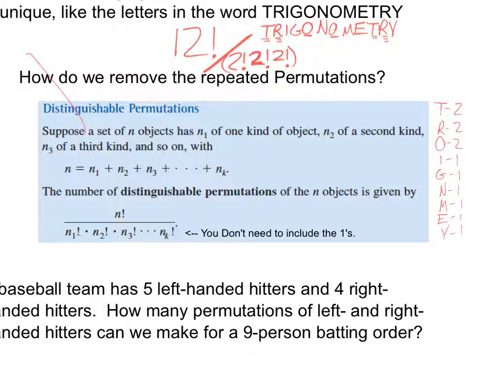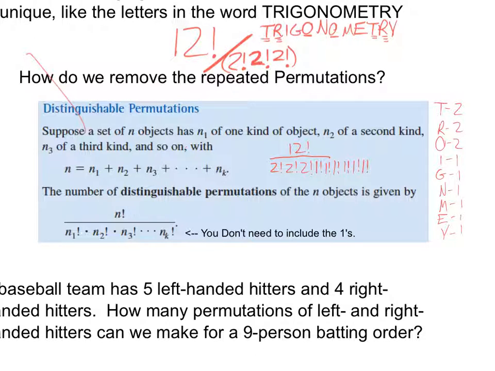Okay? So technically speaking here, what we would have done is 12 factorial over 2 factorial times 2 factorial times 2 factorial times 1 factorial, 1 factorial, 1 factorial, 1 factorial, 1 factorial. How many do I have? 5. 1, 2, 3, 4, 5. 1 factorial.